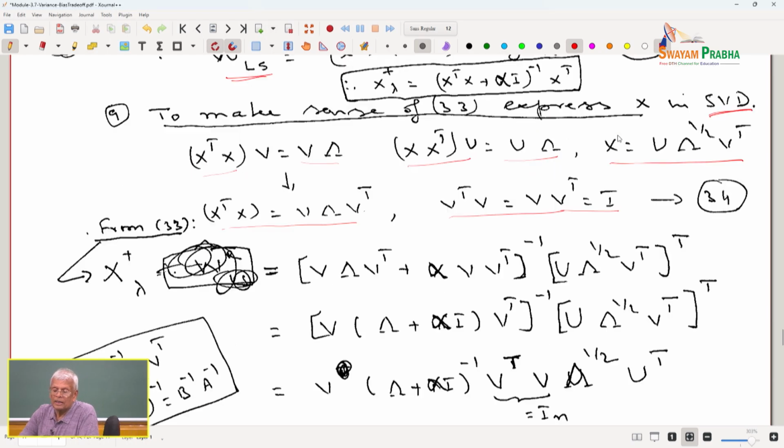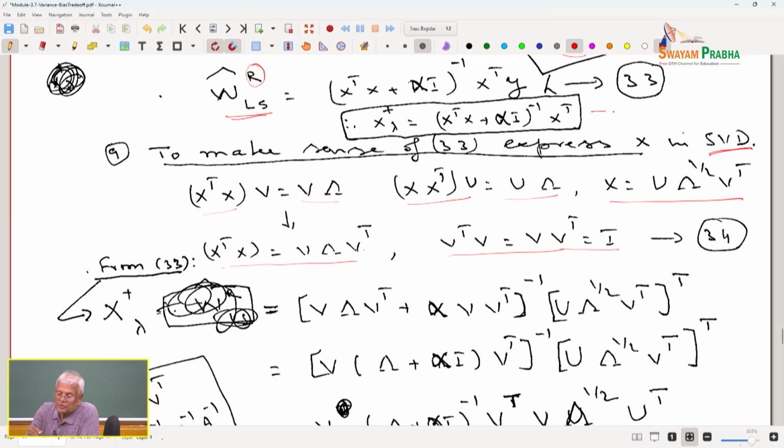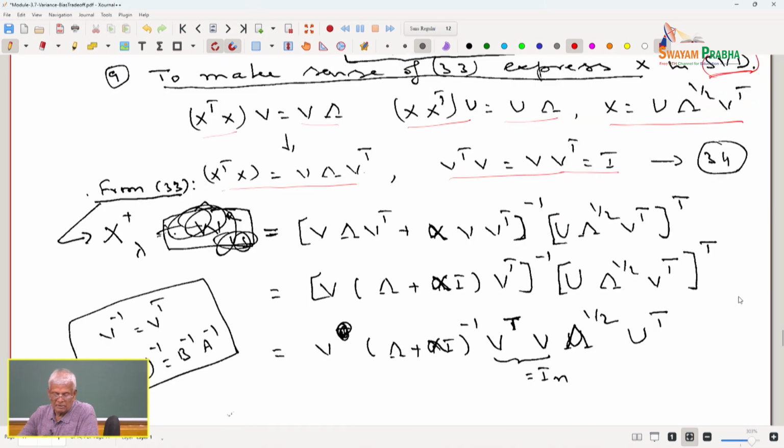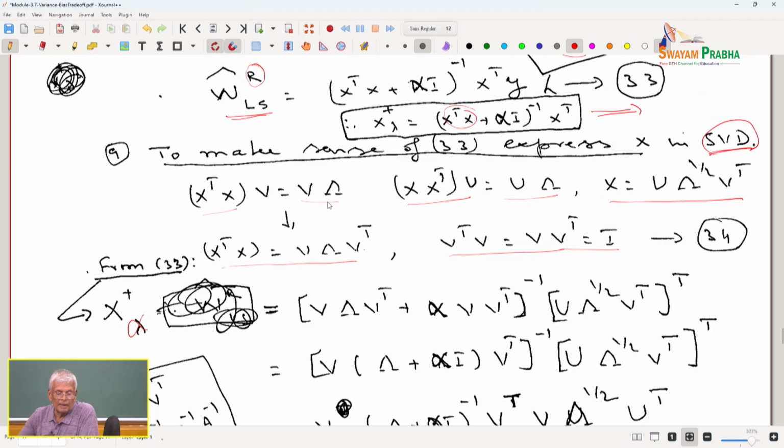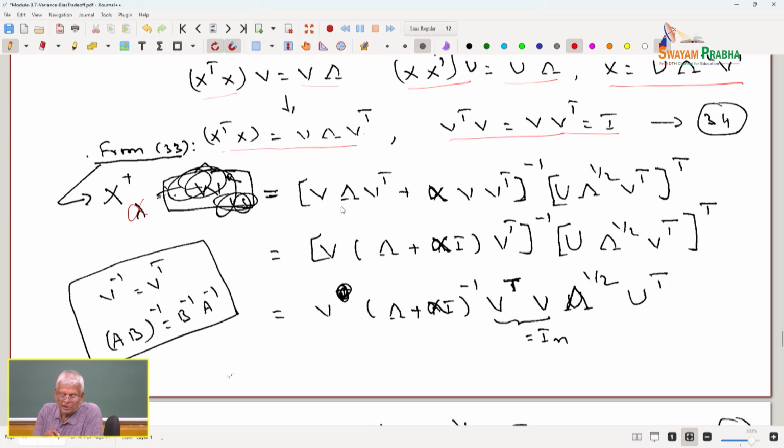So, this is exactly this expression with x replaced by the SVD and x transpose x replaced by the eigen decomposition. Actually the lambda must be equal to alpha, forgive me. Lambda is a parameter, alpha is a parameter. So, you could have v lambda v transpose plus alpha v v transpose in this.